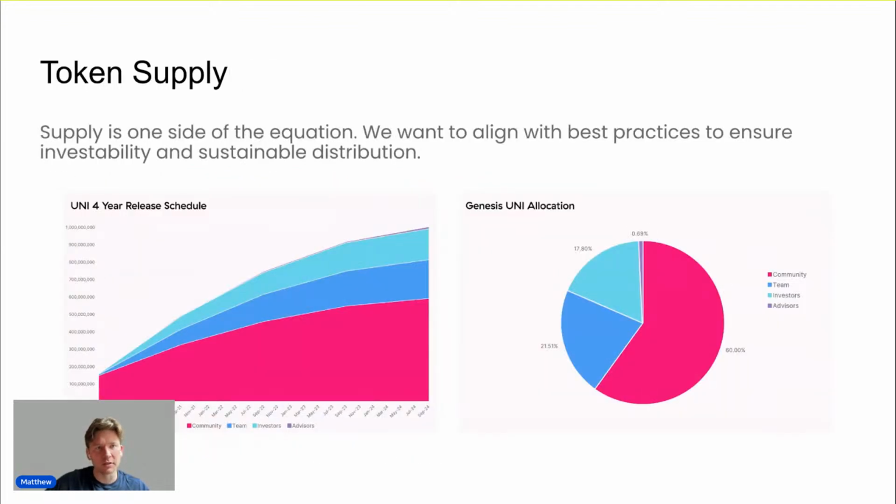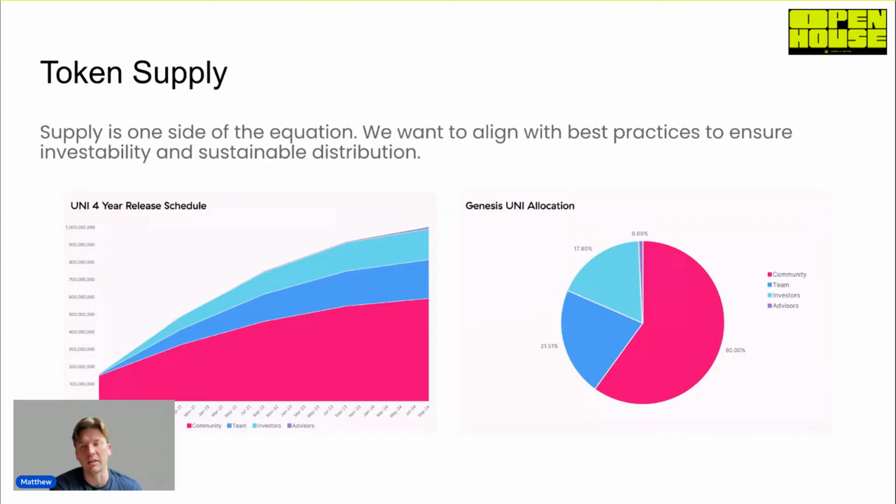And looking at token supply, supply is just one side of the equation. We want to really set ourselves up for success in this domain by ensuring that we really stick to best practices that are understood and not to stray necessarily too far from best practices, because supply won't necessarily ensure success.